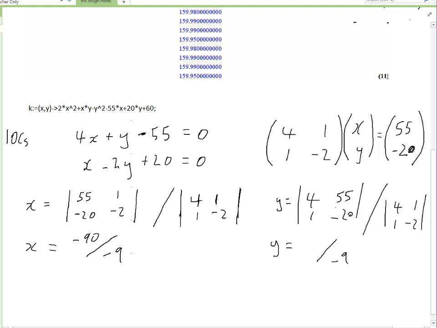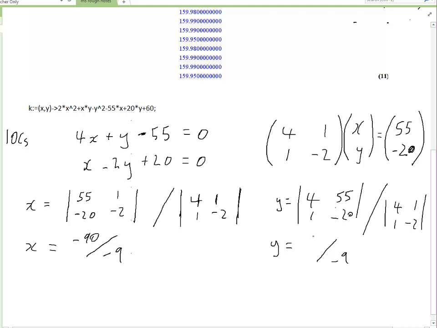And here we got minus 160, gosh, that sounds a bit excessive. Is it 20? Yeah, minus 80. Minus 80, subtract another 55 is minus 135.